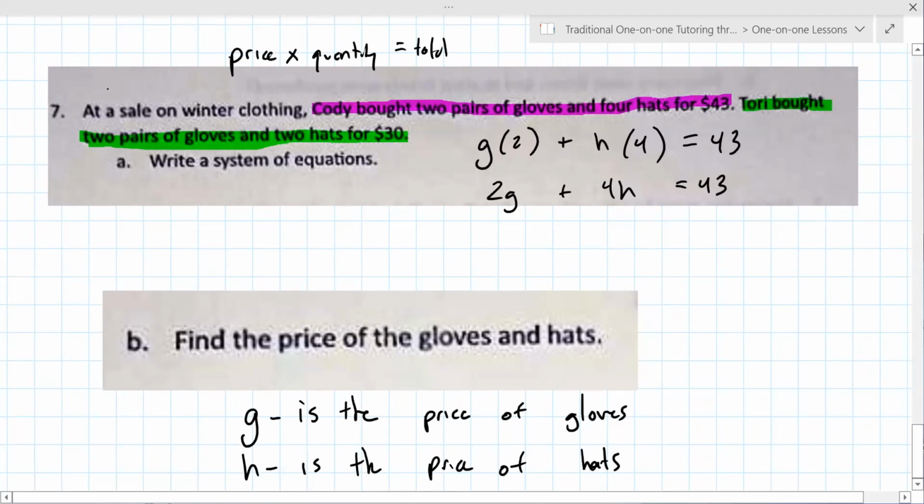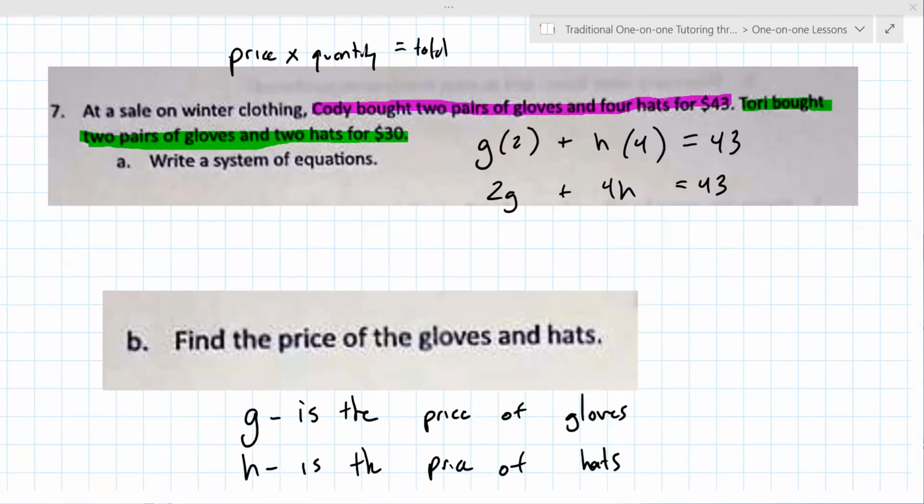Take as much time as you need to get that figured out. I'm a little confused on this part.